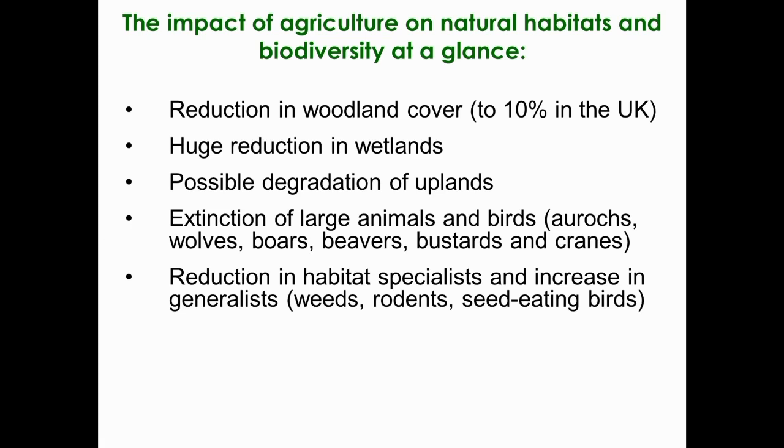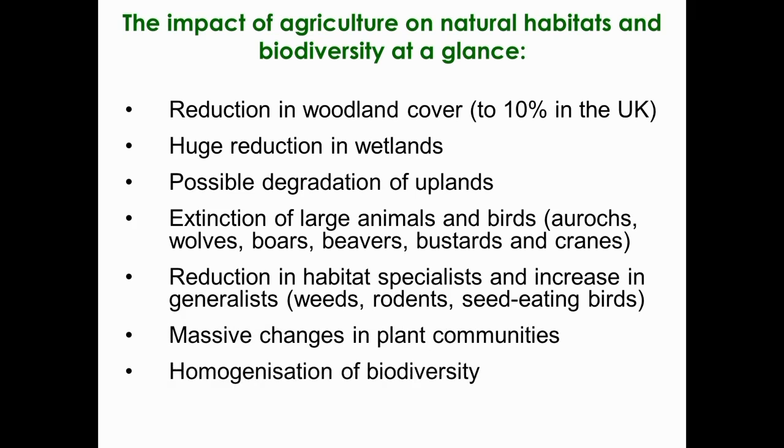So we've lost a lot of these animals that are specialists for particular habitats, and we've increased the generalists, the plants and animals that are quite happy to survive anywhere. And there's been substantial changes in plant communities in these areas.